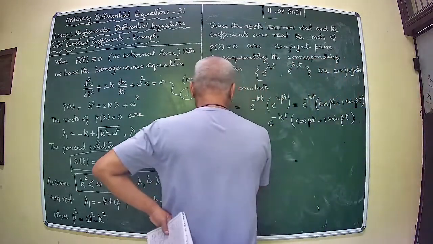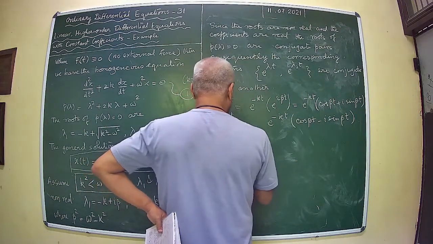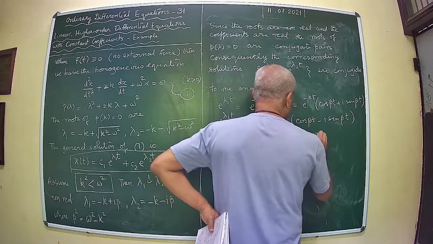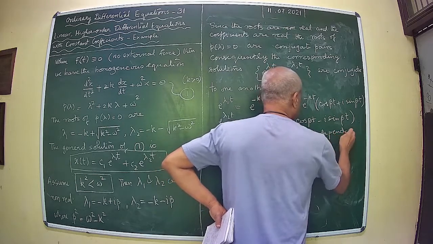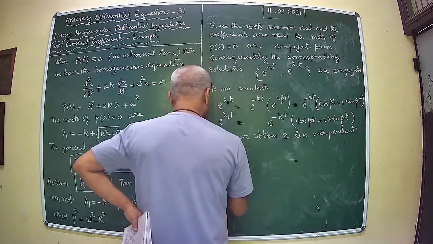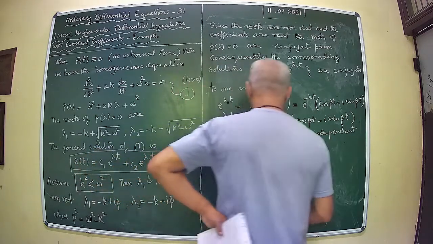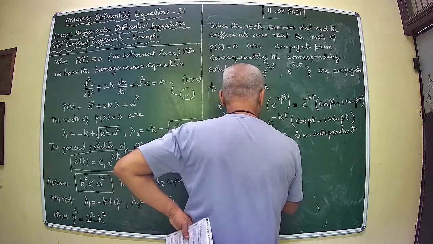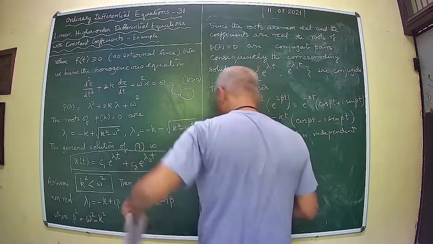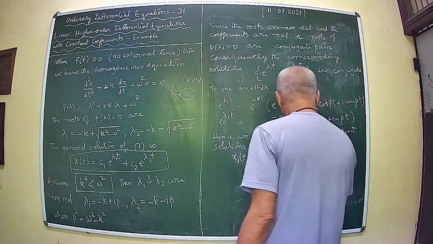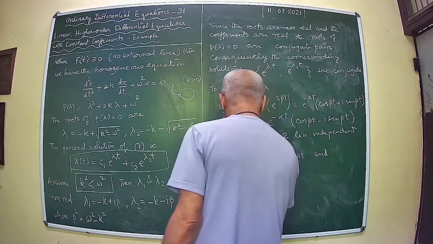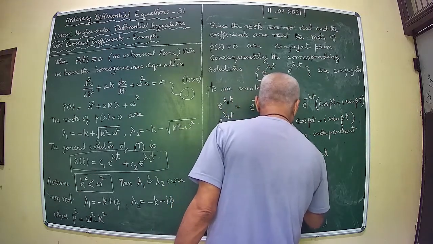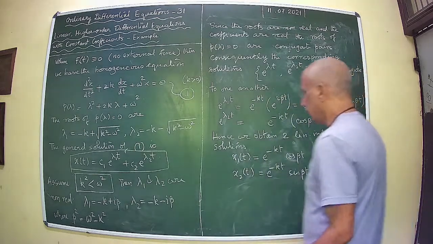So what you get? Hence, we obtain two linearly independent solutions which are linearly independent.